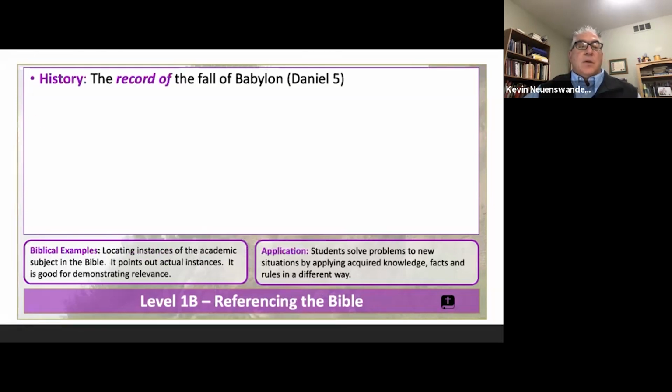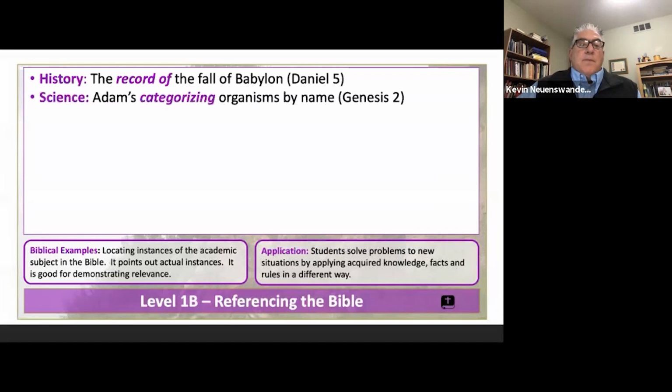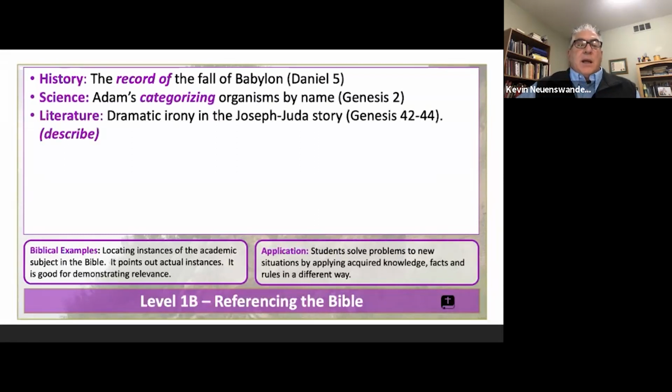History. The record of the fall of Babylon. Science, Adam's categorizing organisms by name. Literature, dramatic irony in the Joseph and Judah story in Genesis 42 through 48.